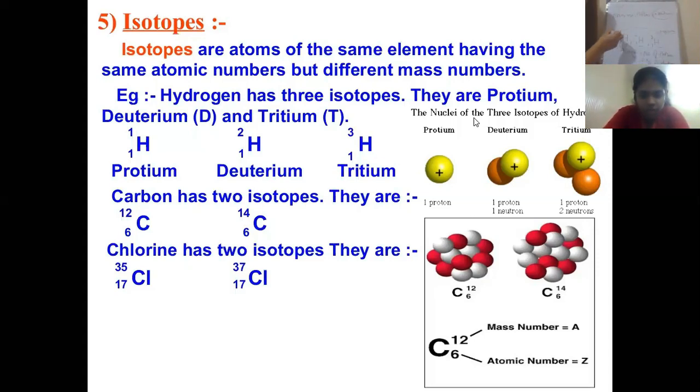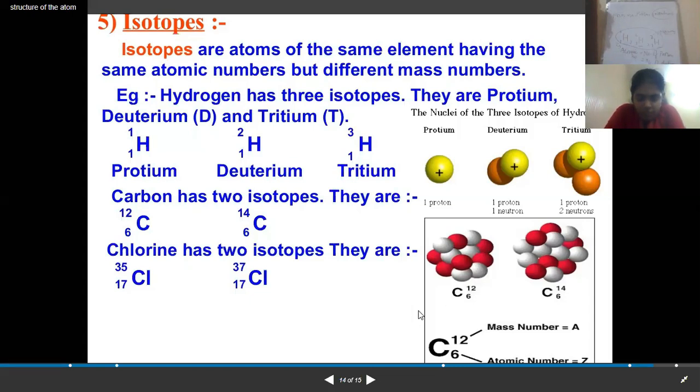So these atoms of the same element, having the same atomic number but different mass numbers, are known as isotopes.